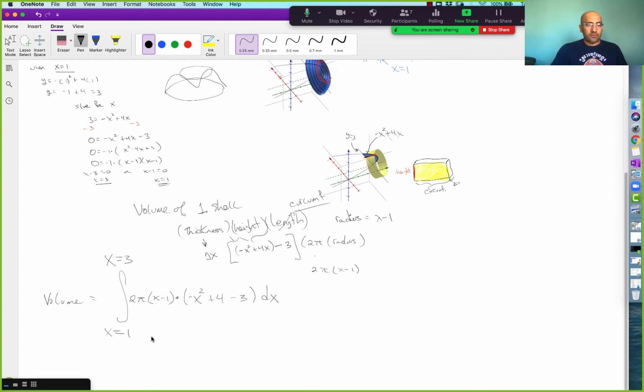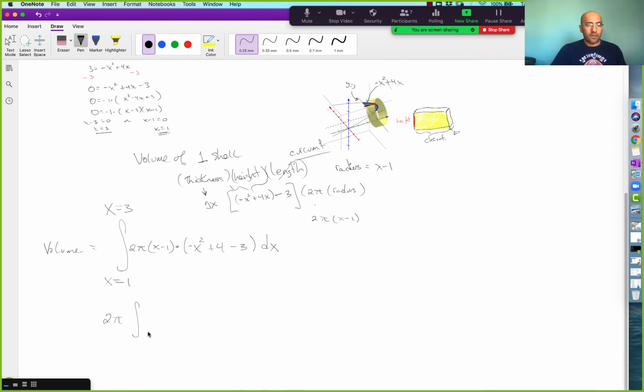Okay, so then let's just simplify that. We can take the 2 pi out in front, since that's just a constant. Integral from 1 to 3 of x minus 1 times minus x squared plus 4x minus 3 dx. That's equal to my volume.